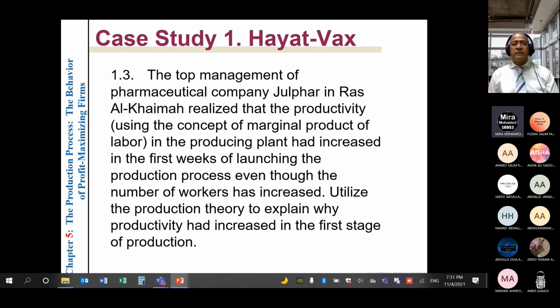Utilize the production theory to explain why productivity had increased in the first stage of production.